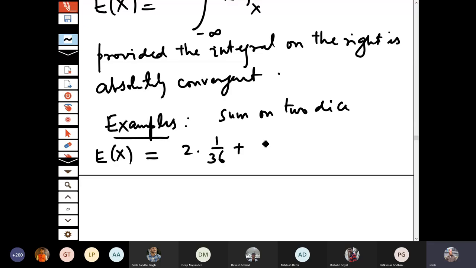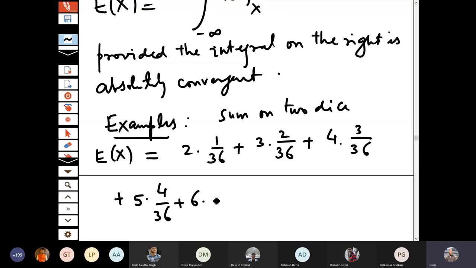It was taking value 3 with probability 2 by 36. It was taking value 4 with probability 3 by 36. It was taking value 5 with probability 4 by 36. It was taking value 6 with probability 5 by 36.